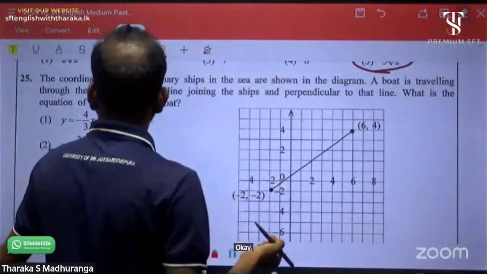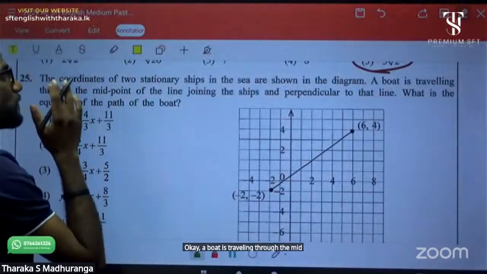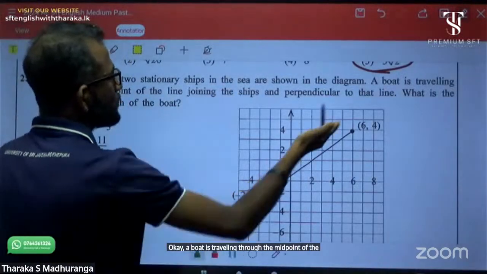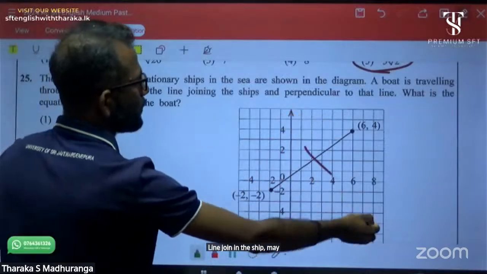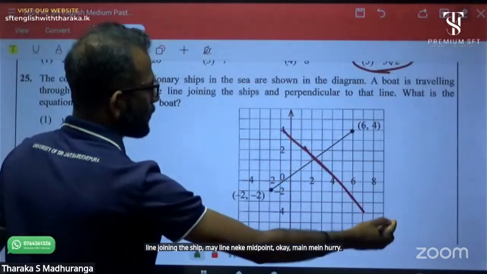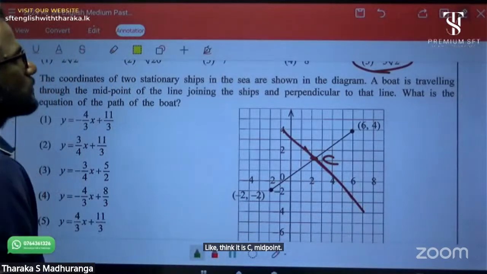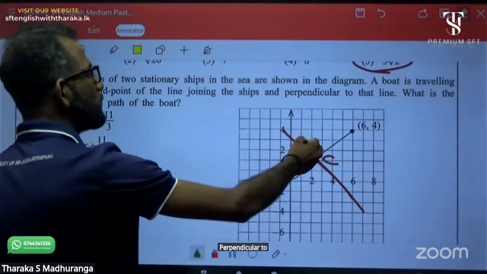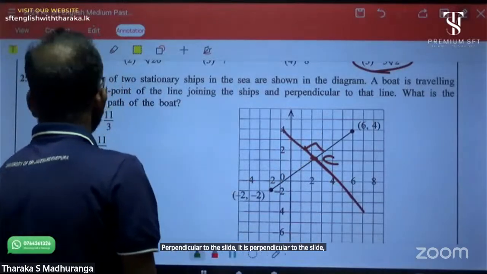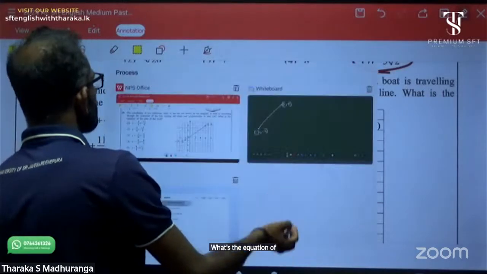A boat is traveling through the midpoint of the line joining the ships. The midpoint of this line is this place. Think it is C, the midpoint. Perpendicular to this line, 90 degrees. What is the equation of the path of the boat?